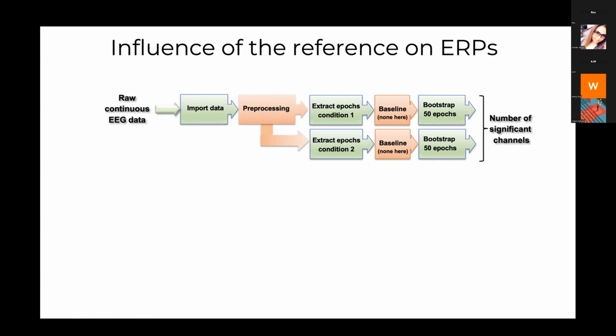We tried different references, and we saw which one has the most significant channels. And there are a lot of assumptions for doing this procedure, based on volume conduction and the fact that if you have a significant effect in EEG, if it's strong enough, it would usually affect most of the channels.